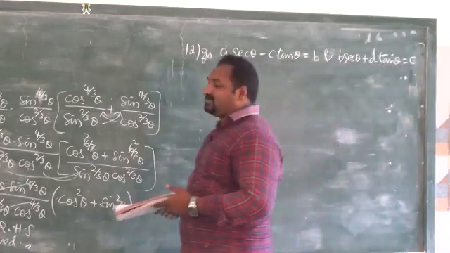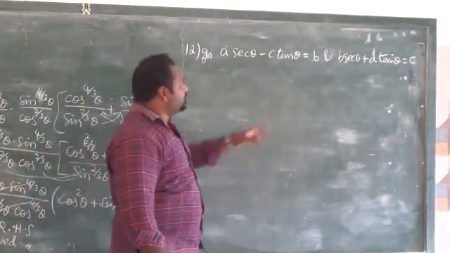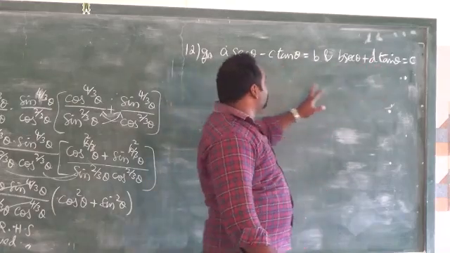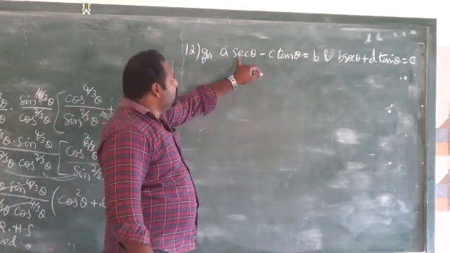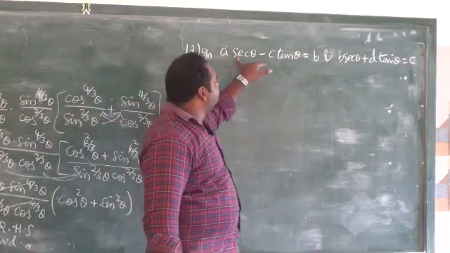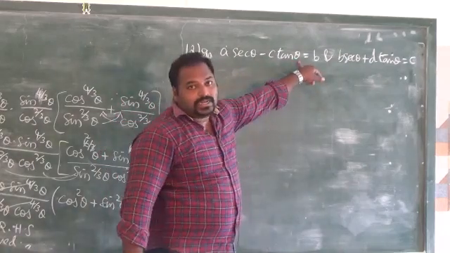Eliminate theta from these two equations. Here we have been given two equations. They are asking to eliminate the theta value. To eliminate theta, I am going to eliminate this secant theta and tan theta.